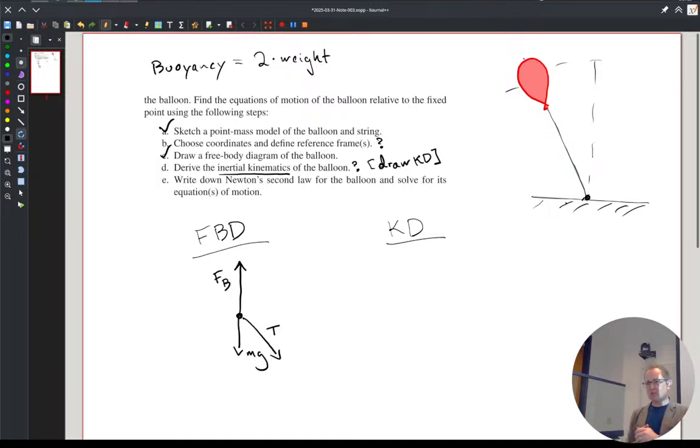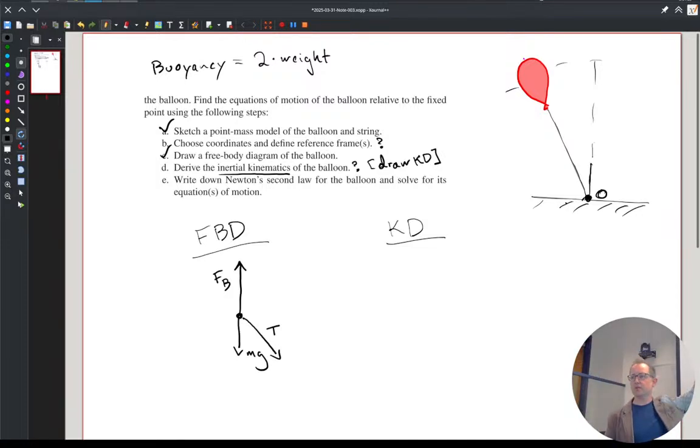So that's the next question. What kind of coordinate system are we going to use? Polar? You want polar? Yeah, so we could use polar and say that this is our origin. Sorry, at the bottom.